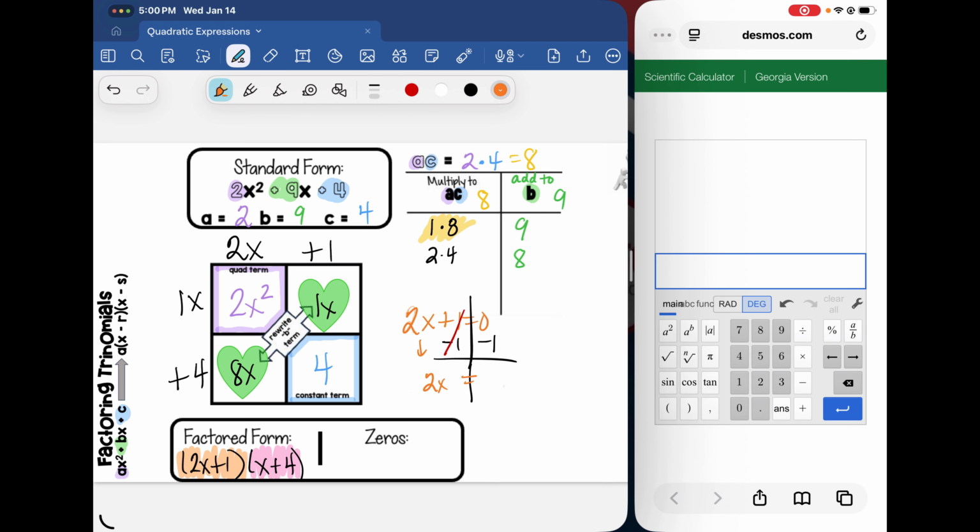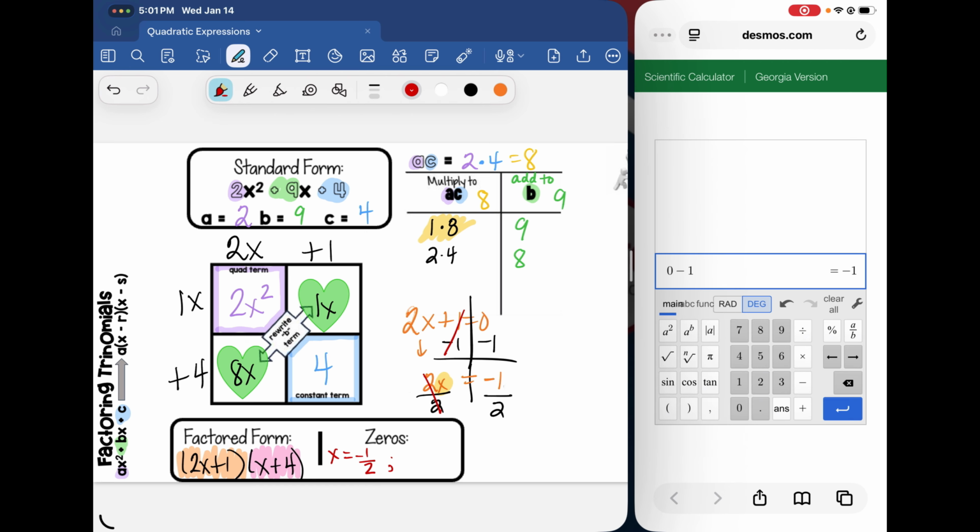And what is 0 minus 1? Negative 1. But my x value is still not isolated because it's being multiplied by 2. So what is the opposite of multiplying by 2? Dividing by 2. What's going to cancel out? And then I have x is equal to negative 1 over 2.